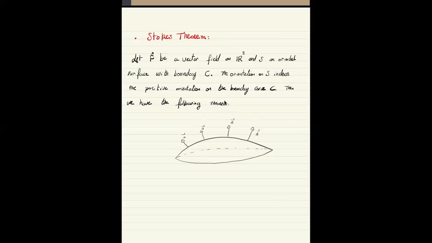Then you can use an orientation on the curve here, in this way. So this is the boundary curve.